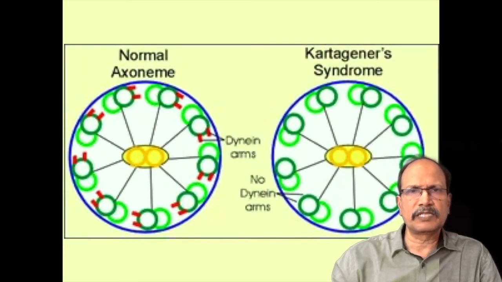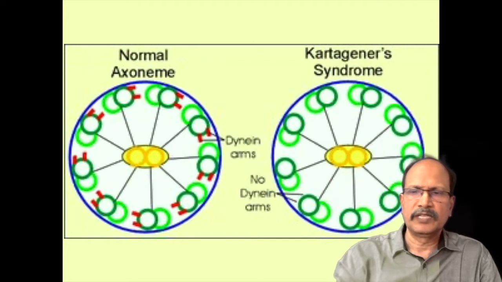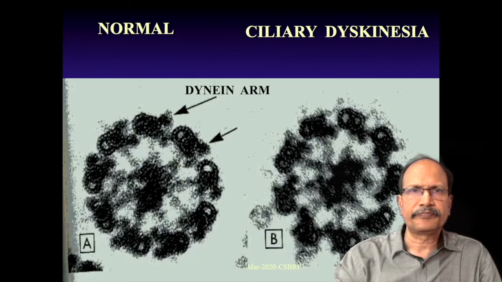So this is the cross section of normal cilia and the cilia in Kartagener's syndrome. Notice that dynein arms are absent in the case of Kartagener's syndrome. This electron microscopic diagram shows the appearance of normal cilia in cross section and the appearance of cilia in ciliary dyskinesia.